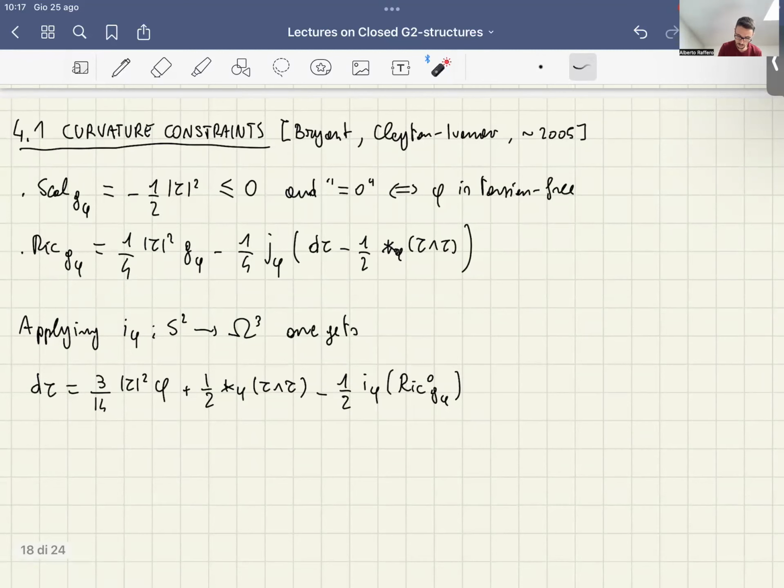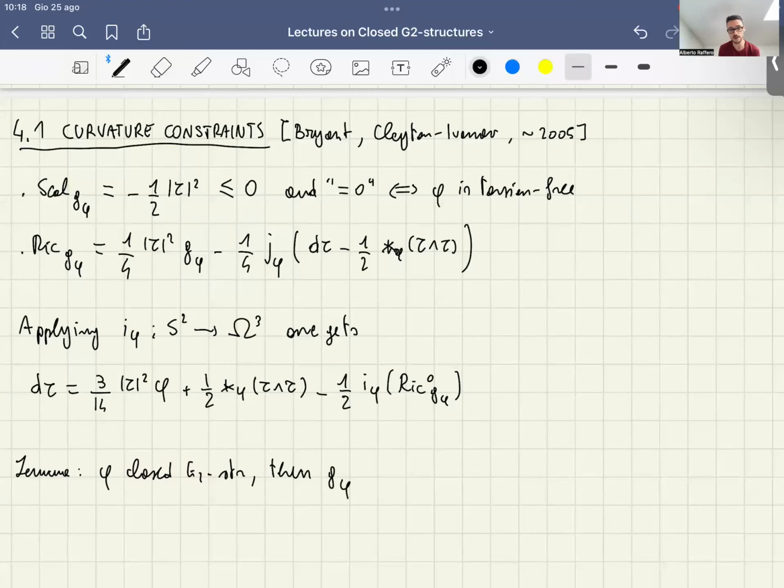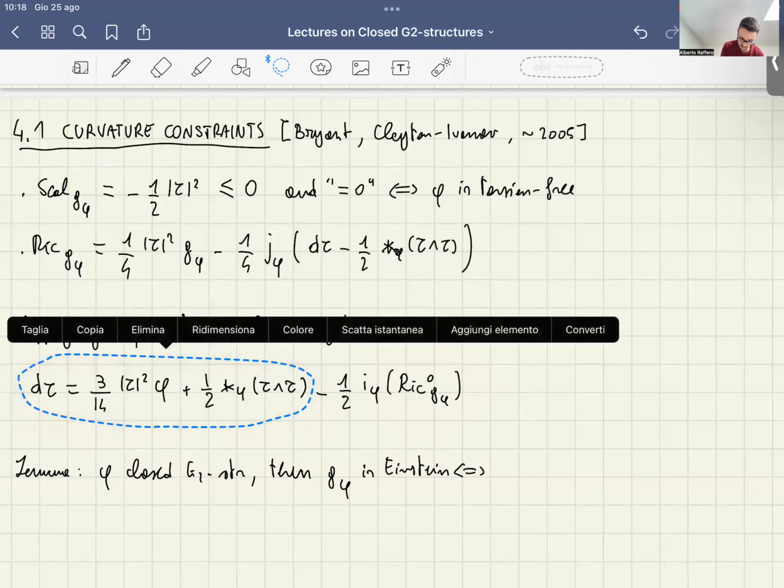So in particular, from this identity here, you see that if phi is a closed G2 structure, then the metric it induces is Einstein, as the trace-free part of the Ricci tensor is 0, if and only if d tau has this expression here.